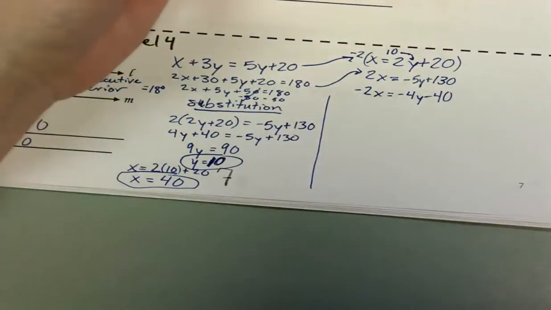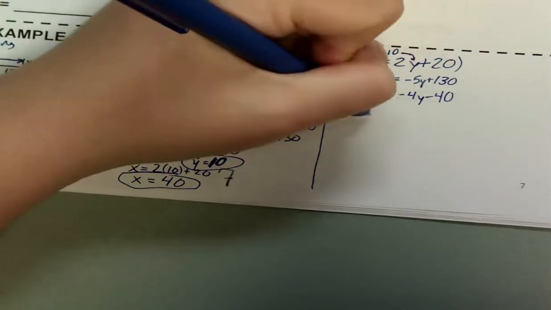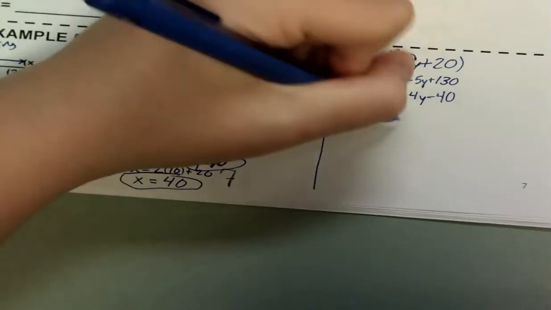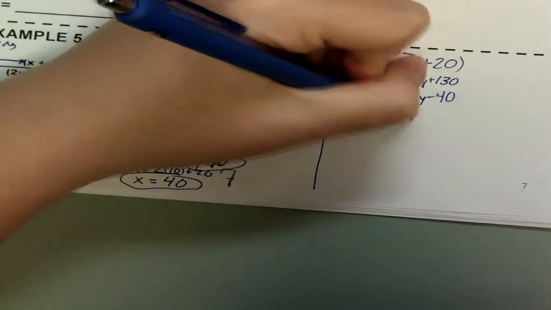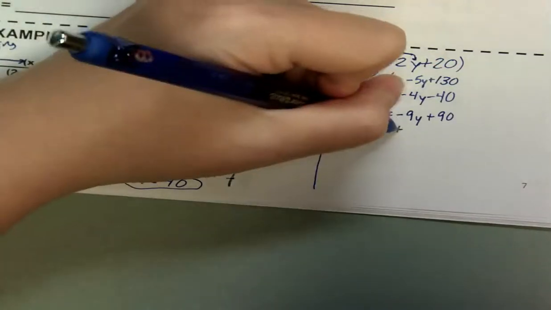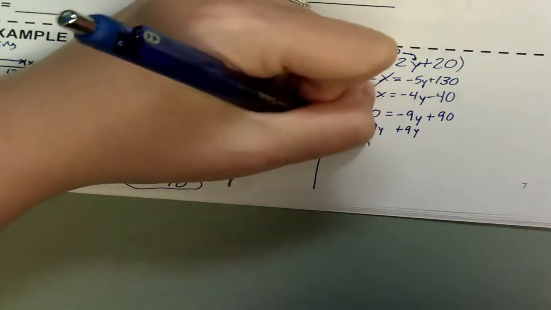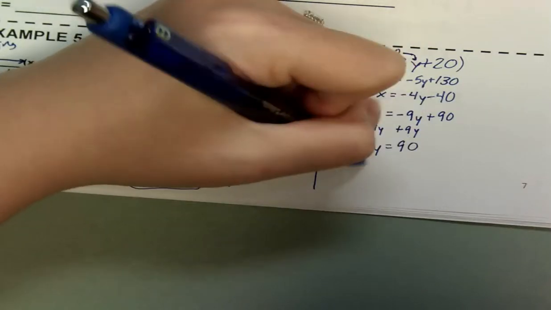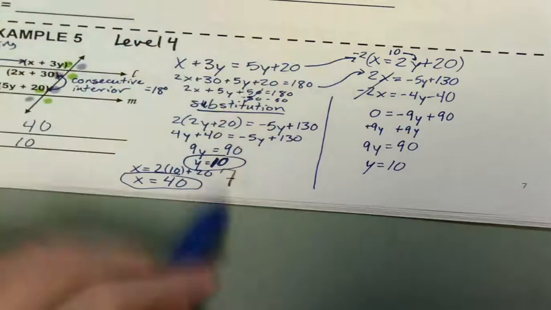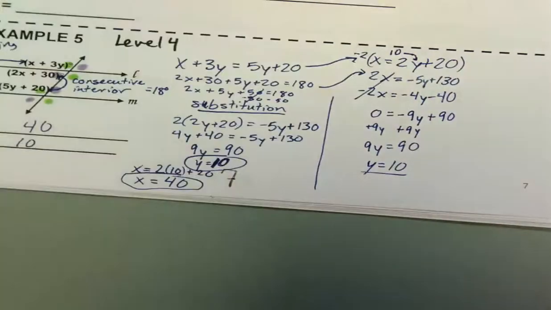And when I combine my two equations, this will disappear. And so I've got 0 equals -9y plus 90. And I just need to add 9y on both sides to get 9y equals 90 and y equals 10, which is the same as we got over here. And then you just plug that back in, which we already did.